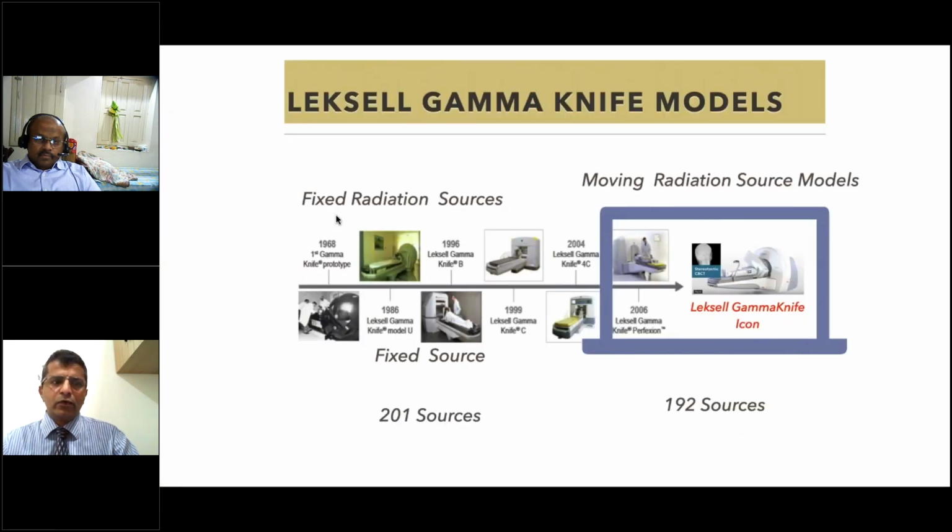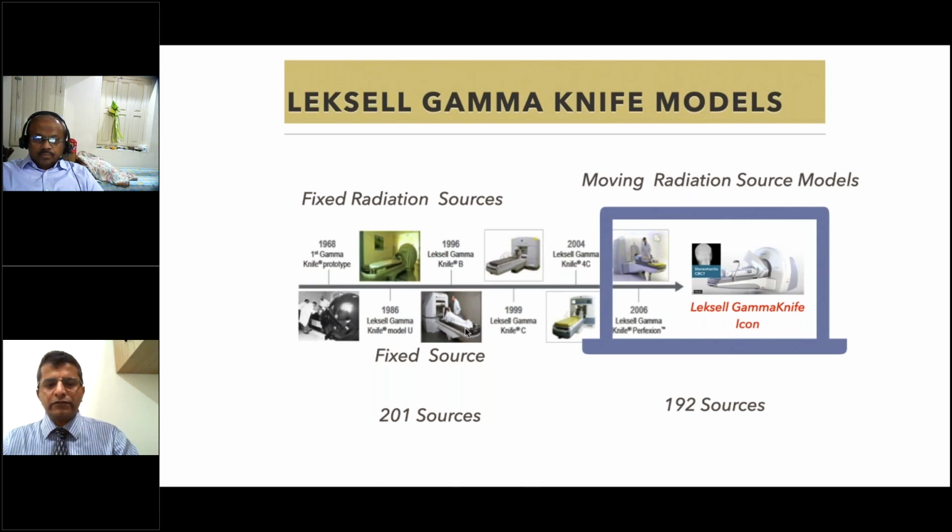Discussing the Leksell gamma knife models, I would like to divide them into two: the models with fixed radiation sources, and the models with moving radiation sources. From 1968 to 2004, these models were in use by most of the hospitals practicing radiosurgery.